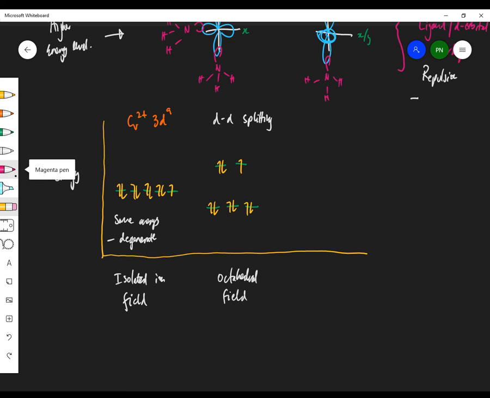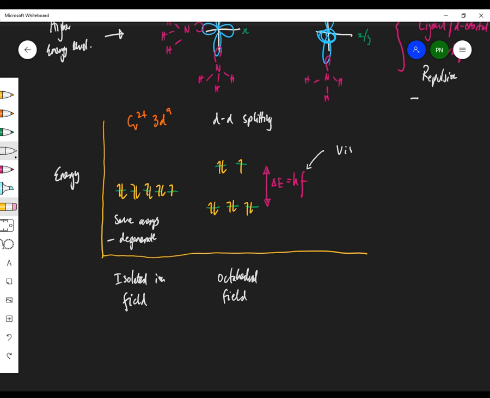Now the energy difference between these two here is a tiny bit of energy, delta E. It's going to be equal to hf, where h is Planck's constant and f is the frequency. Now this frequency is very important.